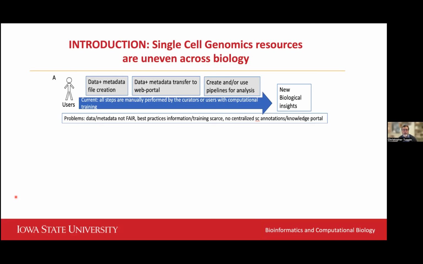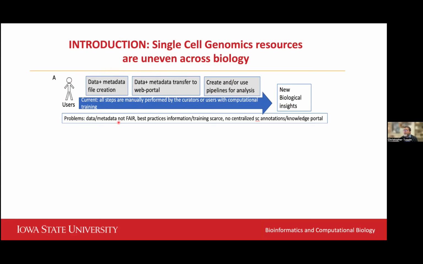The users currently are on the left here. Basically, all the steps are manually performed either by the user or by the curator. The user needs some level of computational training to create the data and metadata, transfer it to the web portal, and create or use the pipelines. The long-term goal is to have new biological insights.